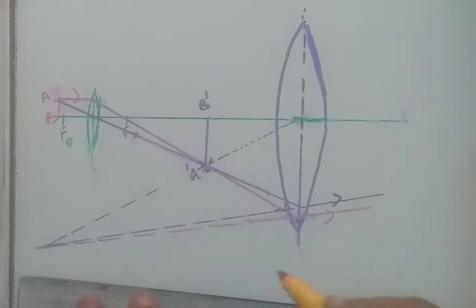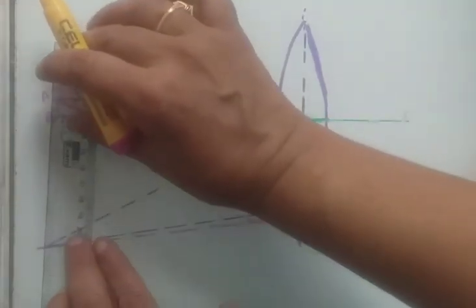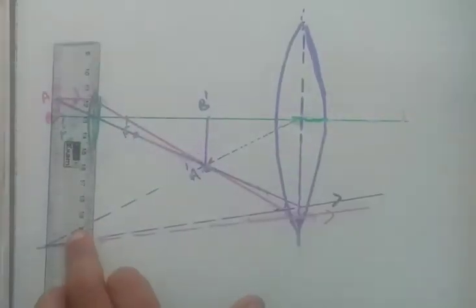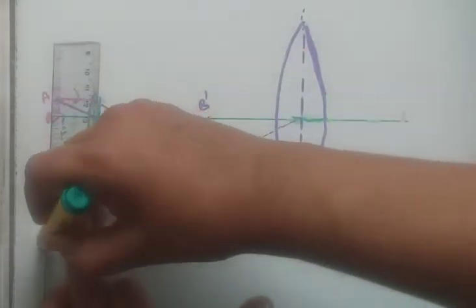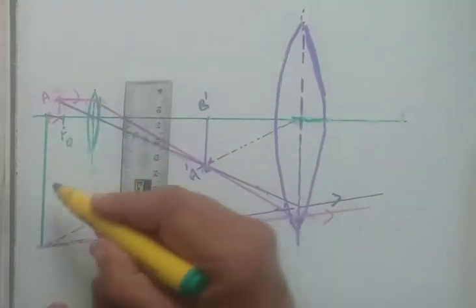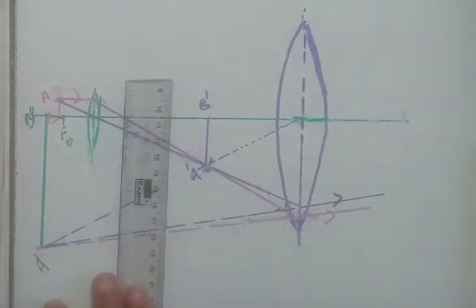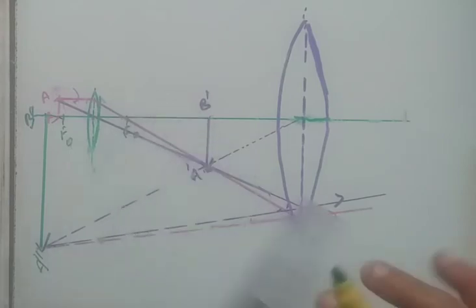Now observe. Say this is the final image formed by the microscope, that I write down in green. Say this is B double dash, A double dash, like this. So this is the final image.